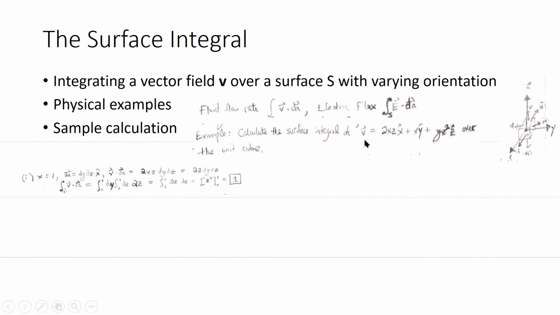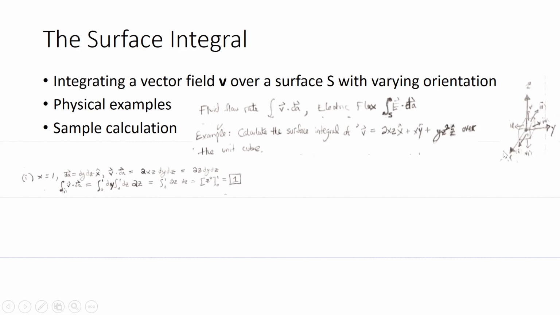Okay, so let's start off with the first face. For the first face, we know that x is equal to 1. Now, dA is the vector pointing away from the yz plane, so it's in the x hat direction.